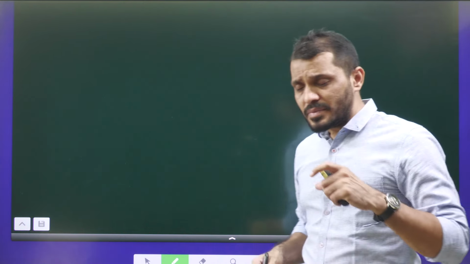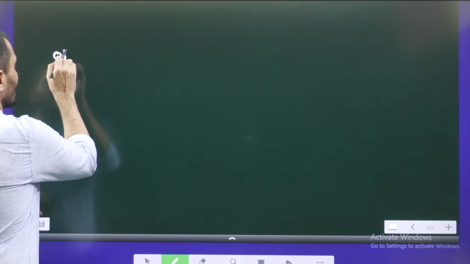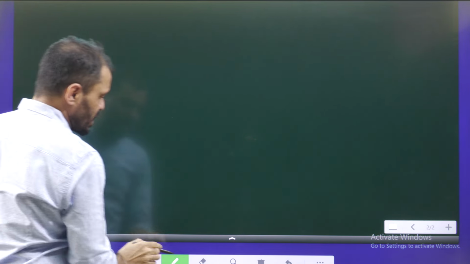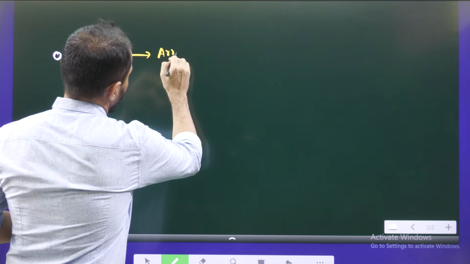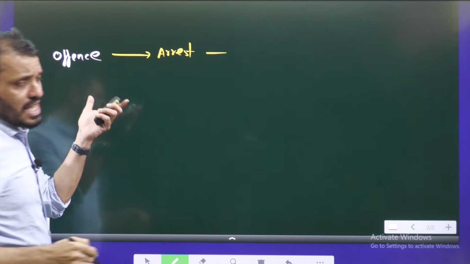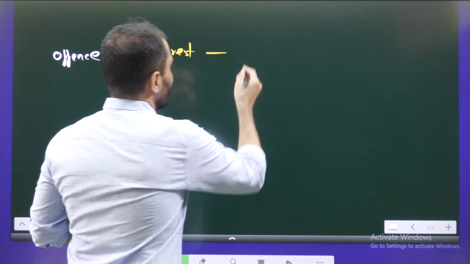When a person commits any offence, the police will arrest. Arrest happens obviously. Based on the offence, generally there are two types of offences: bailable and non-bailable.